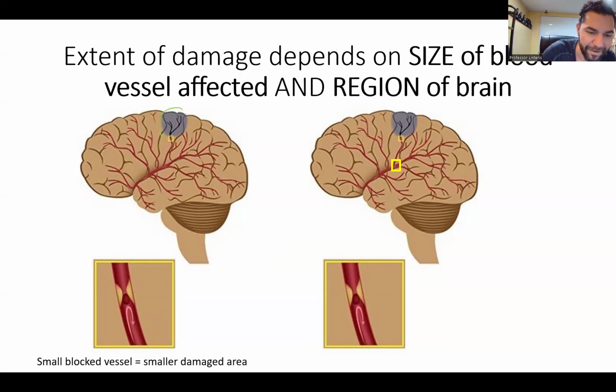So you can see here, a little blood vessel was blocked. Maybe that's the postcentral gyrus. Maybe you have some sensory input loss, numbness, whatever, as opposed to a bigger blood vessel blocked, which would result in a larger area of the brain that's not receiving blood and more complications, right?